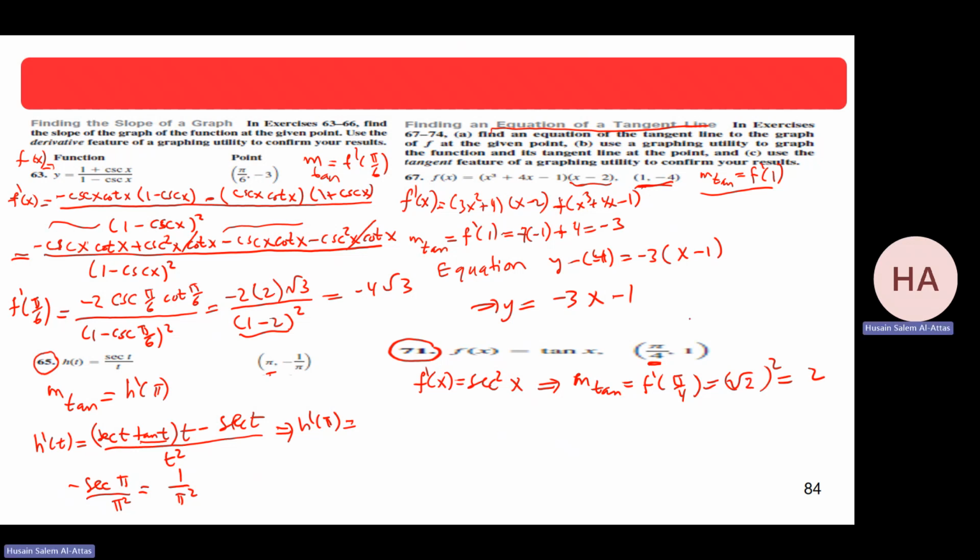This is the point, so the equation will be y minus 1 equals 2 times x minus pi over 4. In other words, y will be 2x plus 1 minus pi over 2. That's it.